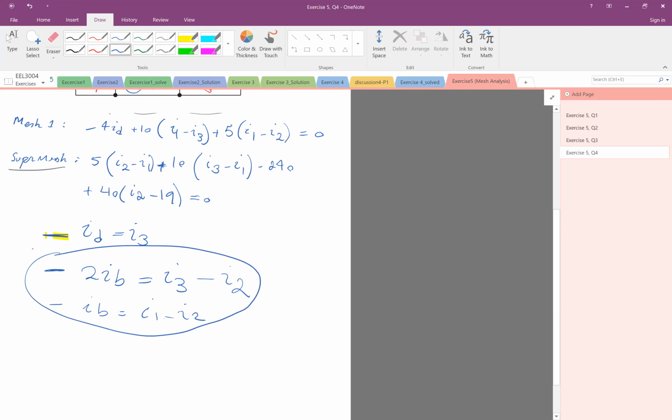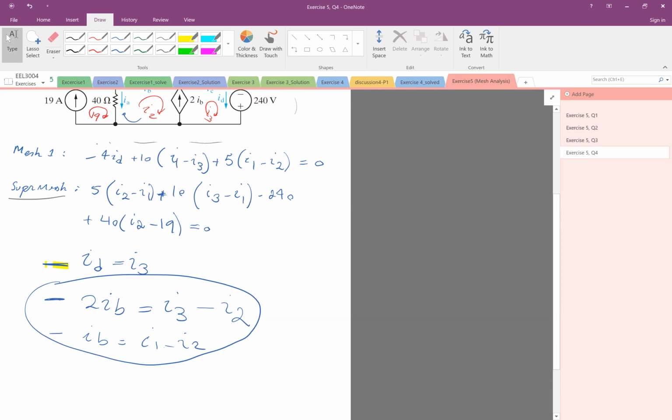So this combined gives me one equation. And then I had one equation here, except instead of just ID, I replace it with I3. So therefore, this is my first equation, only in terms of I1, I2, and I3. And this is the second equation in terms of I1, I2, I3. And now this is my third equation.